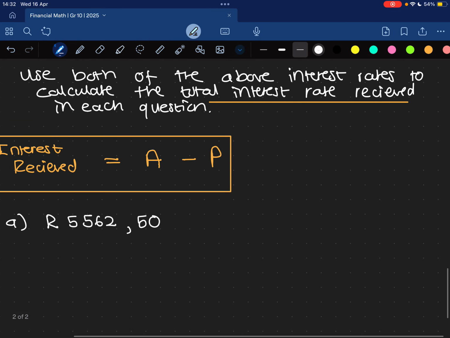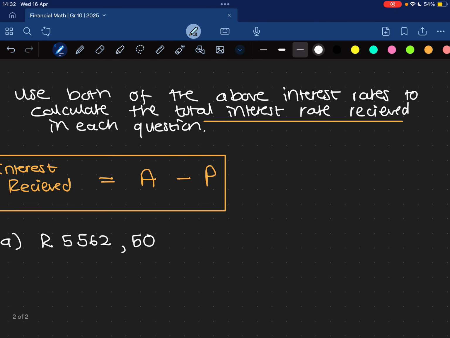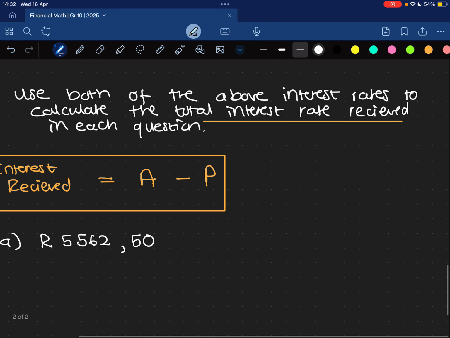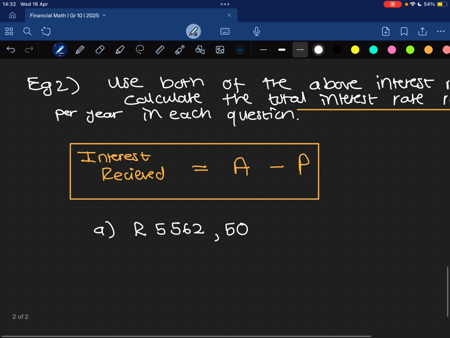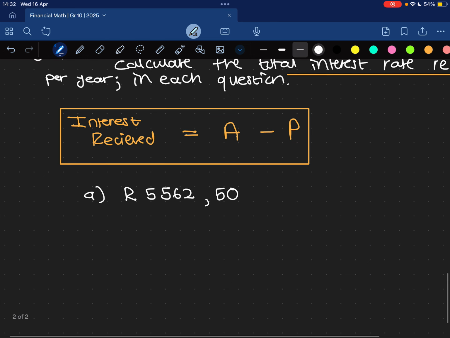I'm going to expand the question slightly. So it says use both of the above interest rates to calculate the total interest received, and then I'm going to add per year. So I want to know how much interest they received every year. So this 5,562 is the accumulated amount.